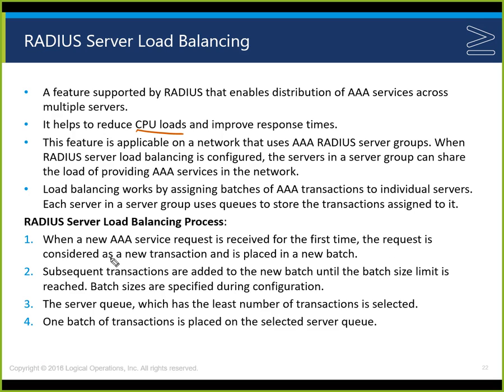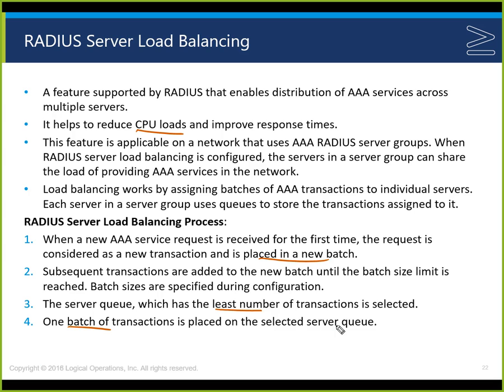When a request is received for the first time, it is considered a new transaction requesting a new batch. What this does is create batches of authorization requests and then send them to the server. The batch sizes are specified during the configuration. The server queue that has the least number of transactions is selected, and one batch of transactions is placed in the selected server queue.